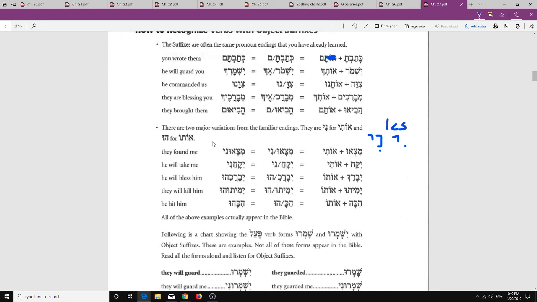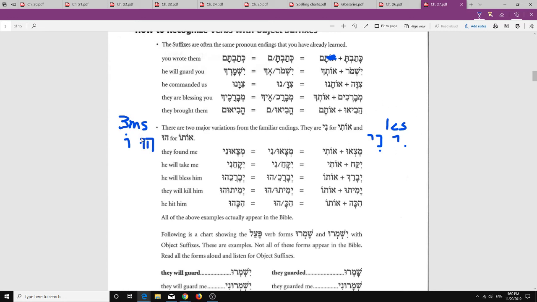The other one is our third masculine singular. It's the same kind of deal. Normally, it is a holam vav, right? Well, when attached to the end of a verb, it becomes a hey shurik. Now this, at first glance, is a little different than the first one.